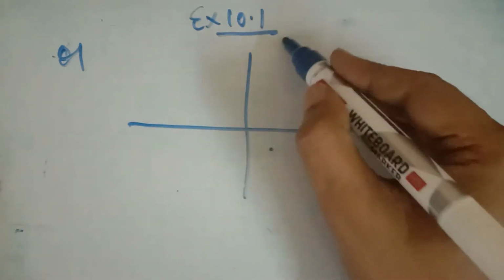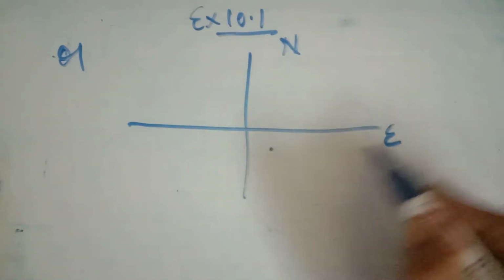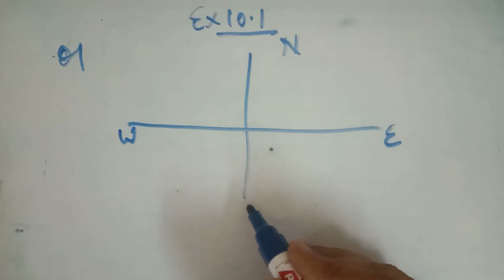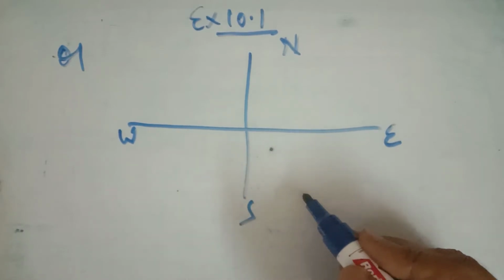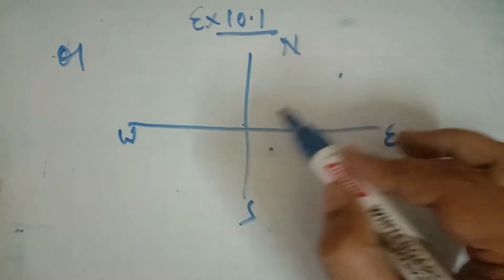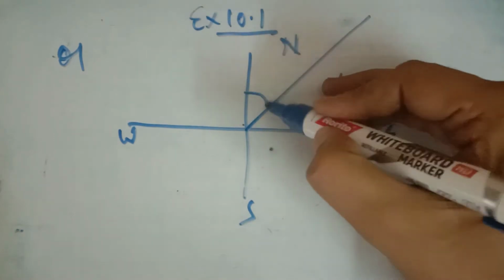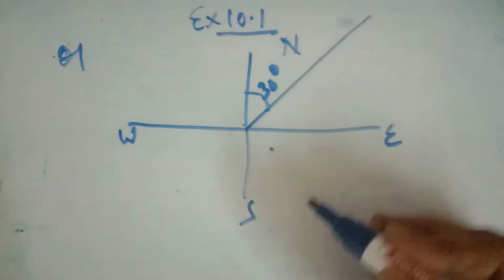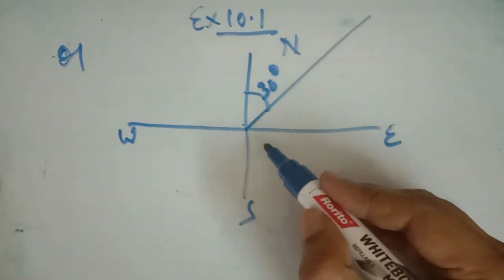So we know this is north, this is east, this is west, and this is south, and you have to draw a displacement of 40 kilometer 30 degree east of north. East of north is here, so draw 30 degree with a protractor, and you have to represent 40 kilometer also.